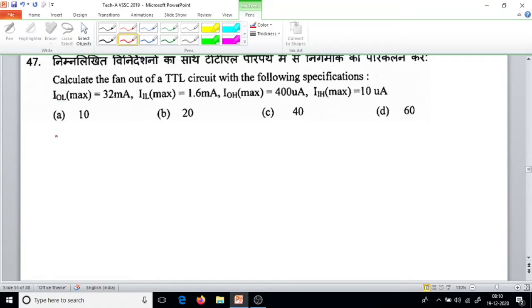IOL means maximum current. Fan out is given by FO. Fan out in the high state is given by IOH, the output current at high state supplied by a single gate, divided by the current taken by each gate, that is IIH.